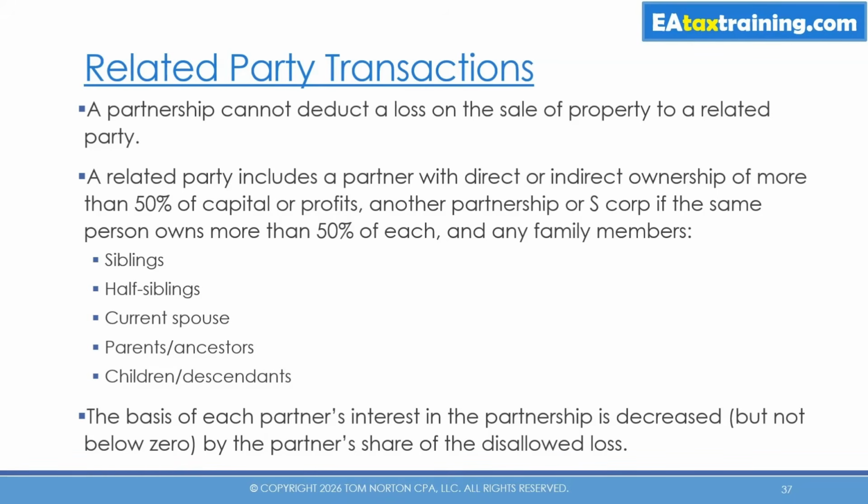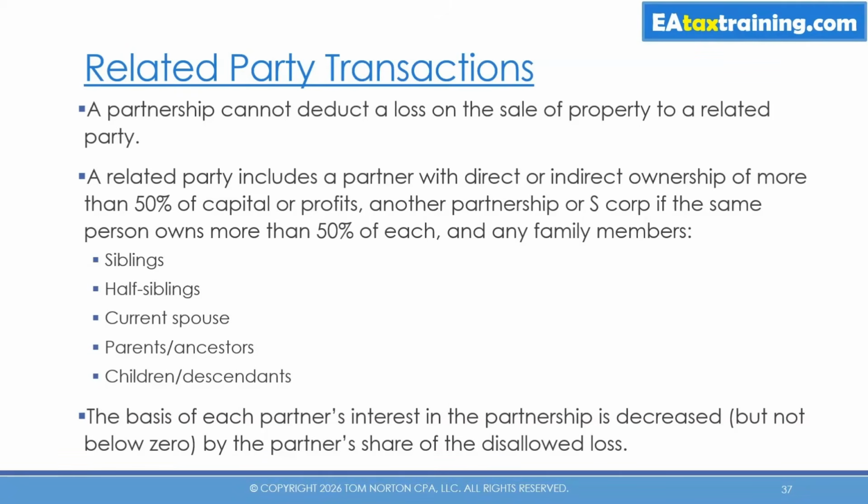They're the beneficiary of this trust. The trust also owns 30% of the partnership. They are a 30% partner. Well, that means that individual effectively is a 60% partner in the partnership. That is, their indirect ownership is 60%. So they are a greater than 50% partner when you're looking at these related party rules.